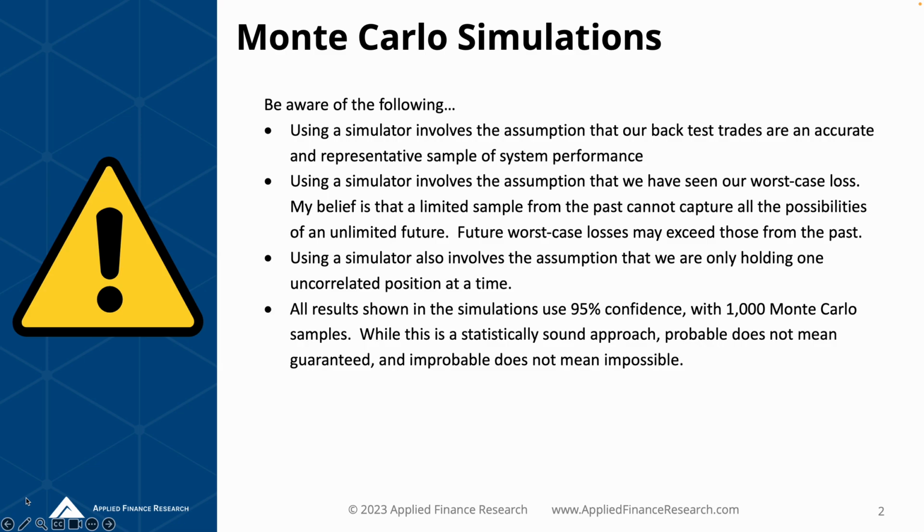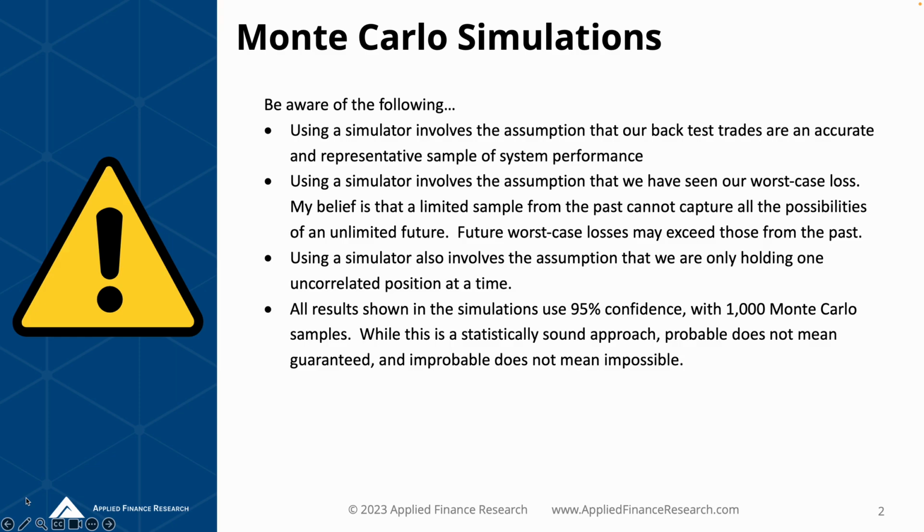Also, in all of the research that I do, I tend to show my results using 95% confidence intervals with 1,000 Monte Carlo runs. This is a statistically sound approach. However, if you change the confidence intervals or the number of Monte Carlo runs, it does change the results of the simulation. So for example, if we went from 95% confidence to 90% confidence or 99% confidence, that's going to affect the results.